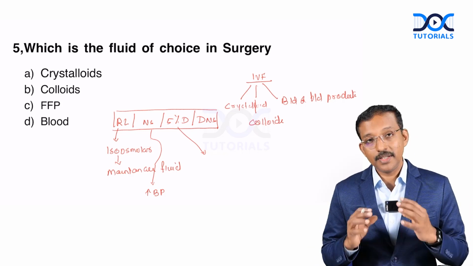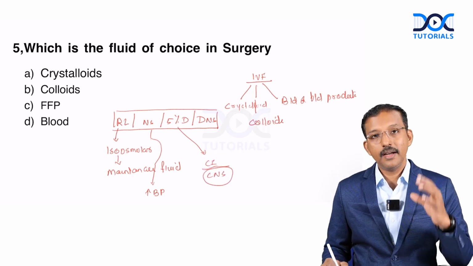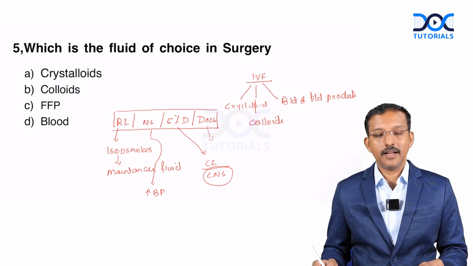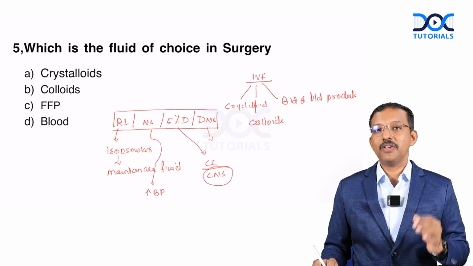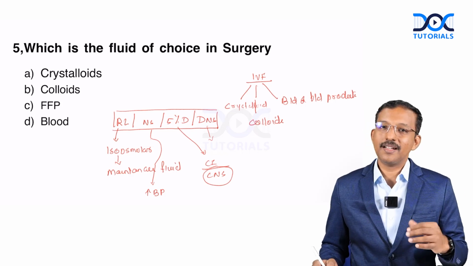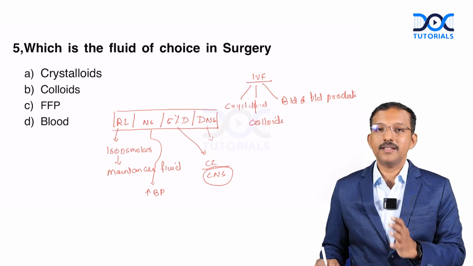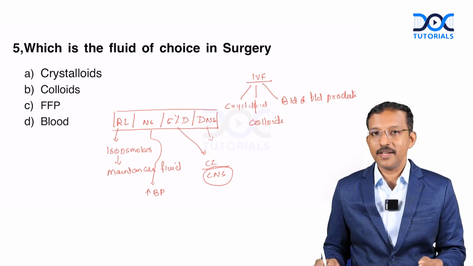So this is not to be used, it's contraindicated whenever you're doing a CNS case or a head injury patient. Similarly is the case with dextrose normal saline. Most of us think that we should supplement some amount of glucose and give dextrose, but that concept is already gone, and we don't use DNS or 5D to supplement dextrose or energy to the patient.